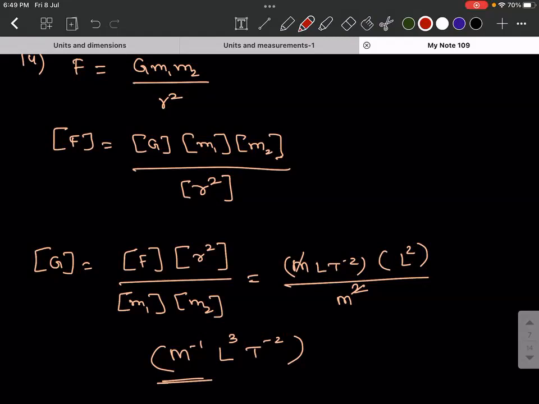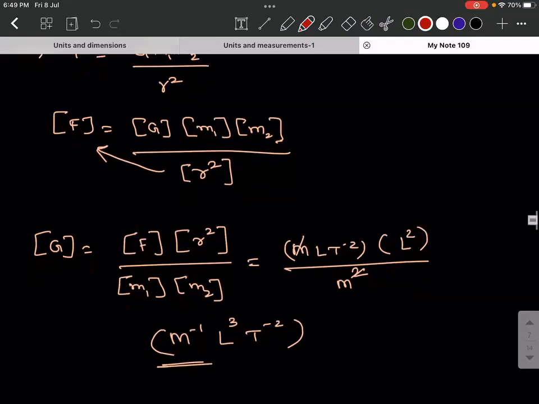So F is equal to G m1 m2 divided by r square. So the dimensional formula of F is equal to the dimensional formula of G into the dimensional formula of m1 into the dimensional formula of m2 divided by the dimensional formula of r square. So what is the dimensional formula of G? It is the dimensional formula of F into the dimensional formula of r square, divided by m1 and m2. You understood what happened? This quantity went this side, and m1 and m2, which were in the product, came out as division.